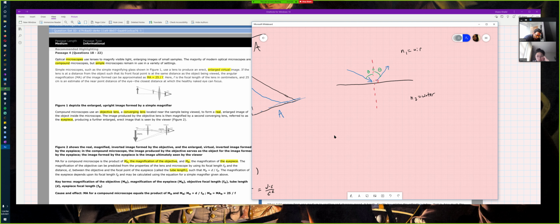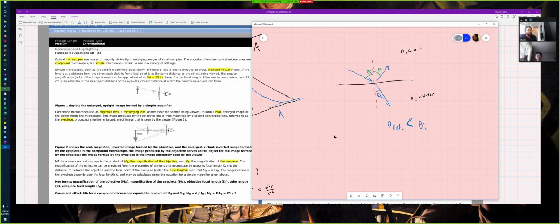Now, if it goes into something that has a higher index of refraction, it's going to bend toward that red line. We call that the normal, which is just the line that's perpendicular. So it's going to bend closer. So the angle of refraction is going to be less than the angle of incidence.